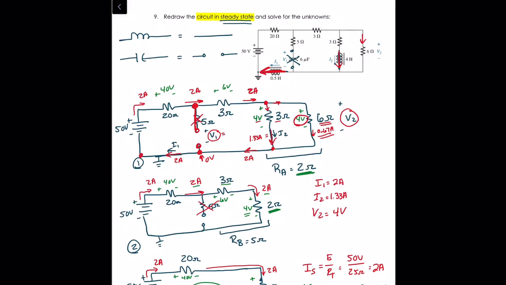So V1, if we start here at 0 volts, and we encounter our voltage source, on the other side of the voltage source, we're at plus 50. We're going to see a voltage drop of 40 volts across here, so what voltage would we see on the other side? We're down to 10 volts there. So V1 is the 10 volts minus 0, or V1 is just 10 volts.